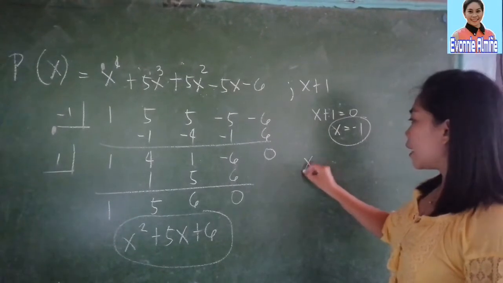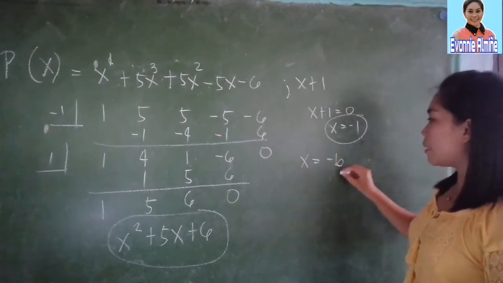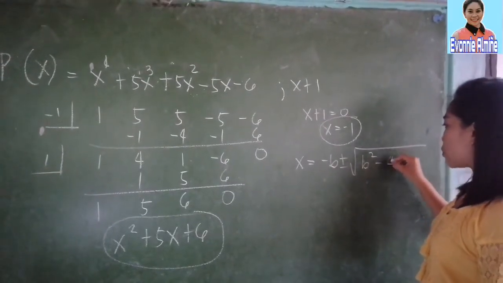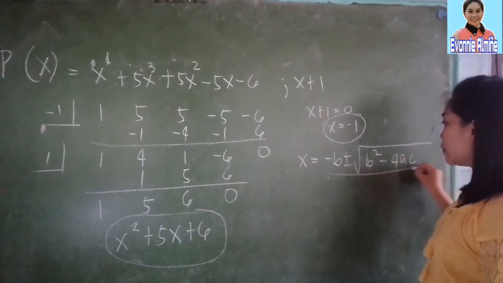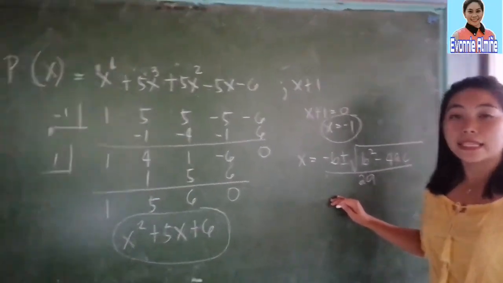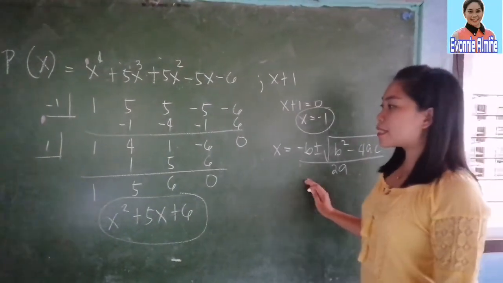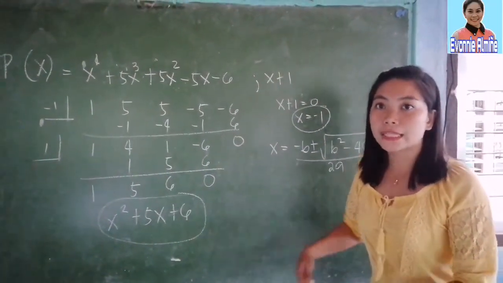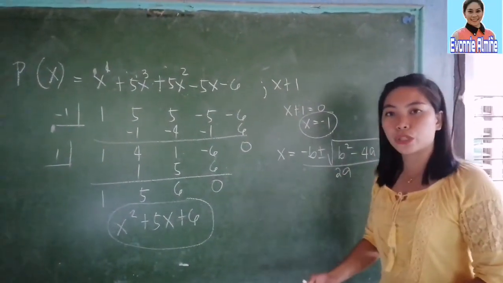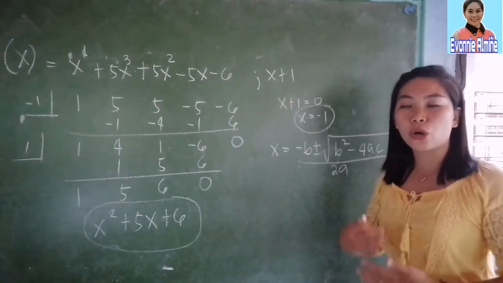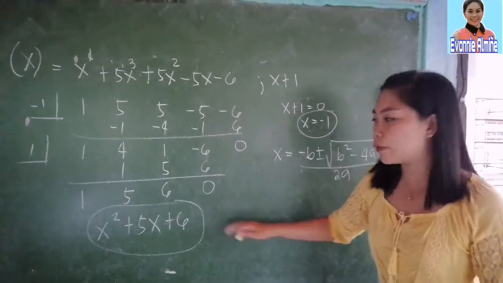So you have x is equal to negative b plus or minus square root of b squared minus 4ac over 2a. Okay, ito po yung formula natin sa quadratic. So, mas madali kasi gamitin yung quadratic formula in finding the roots. Bakit po? Kasi kung ano man yung nakuha ninyong roots or kung ano man yung nakuha ninyong sagot, yan na po yung sagot or roots ng quadratic equation natin.